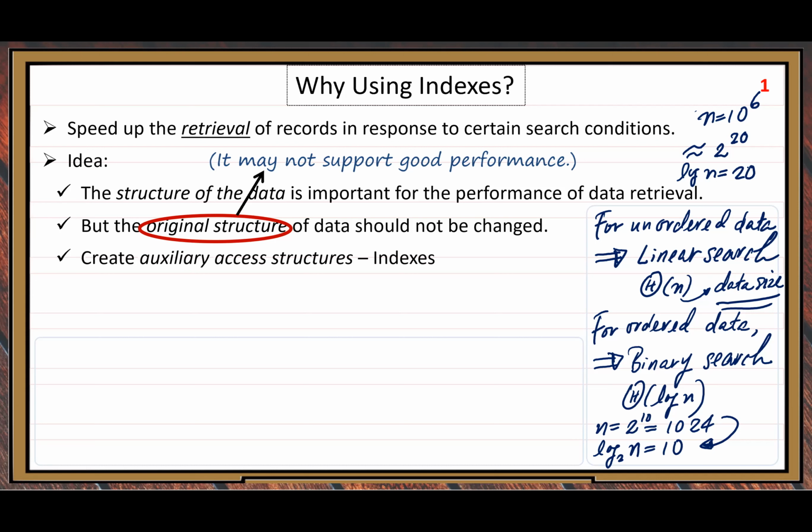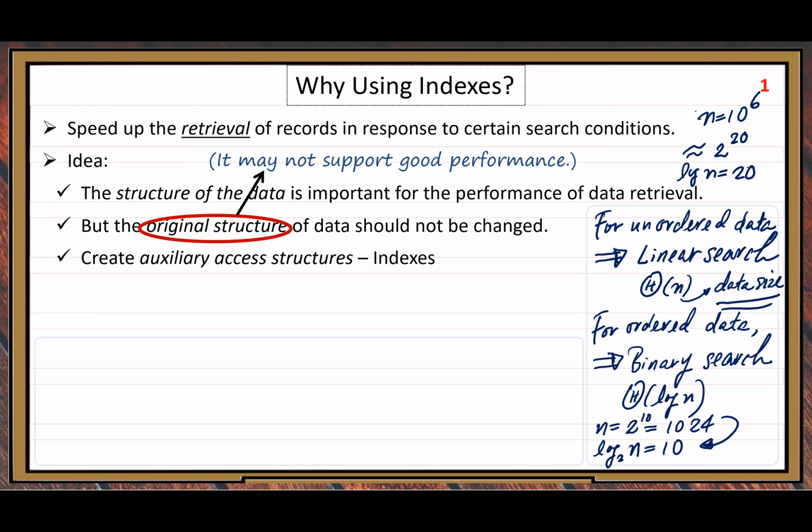Create auxiliary access structures, and that newly added structure, we call it indices. Physical files, indices. Remember a long time ago when I talked about the meaning of files, meaning tables?